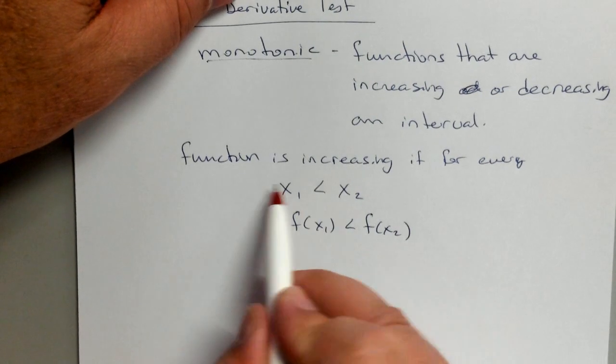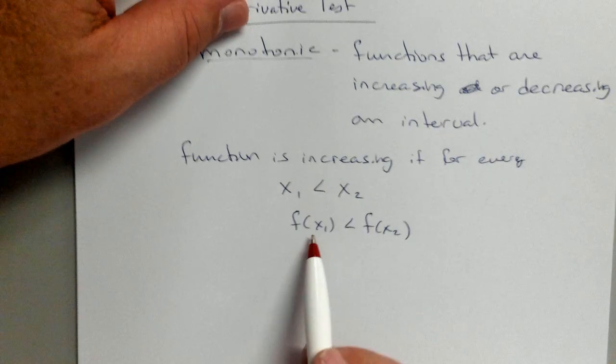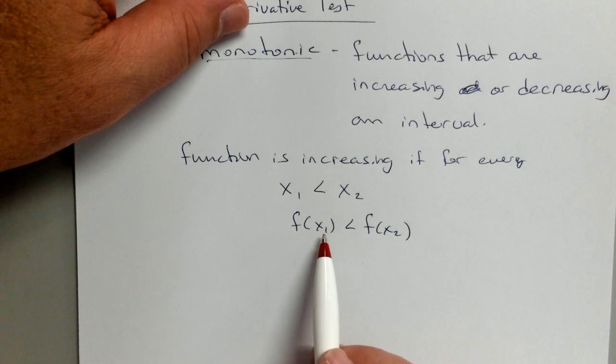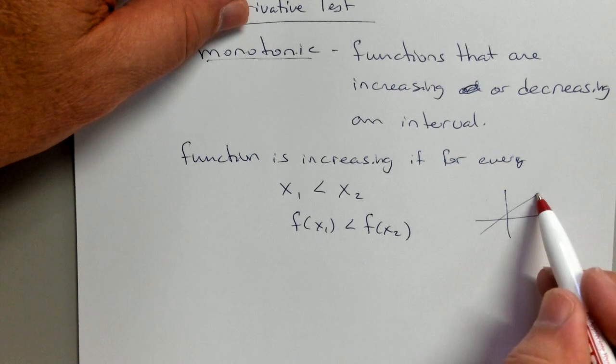That says what happens as x's go from 0 to infinity. Let's look at those. We know that the y values are also getting higher. So the graph is increasing.